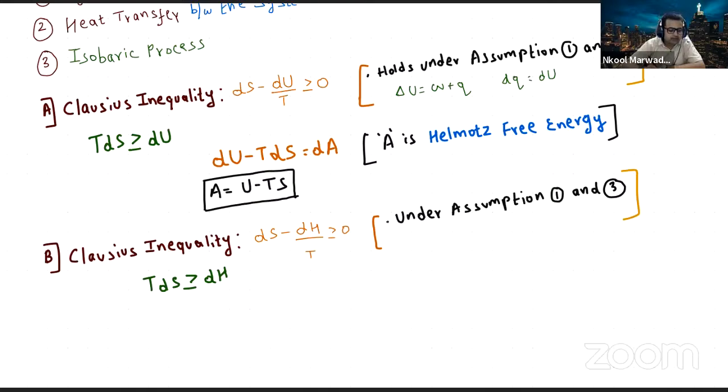And interestingly, this term, dH minus TdS, the change in enthalpy minus temperature times change in entropy, is dG, where G is the Gibbs free energy.